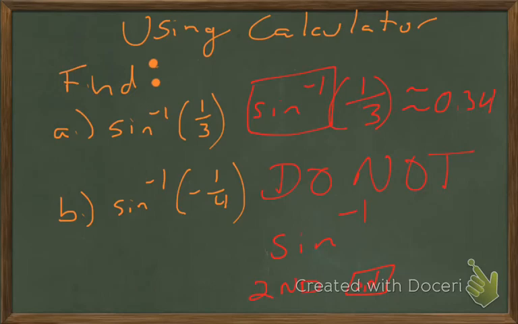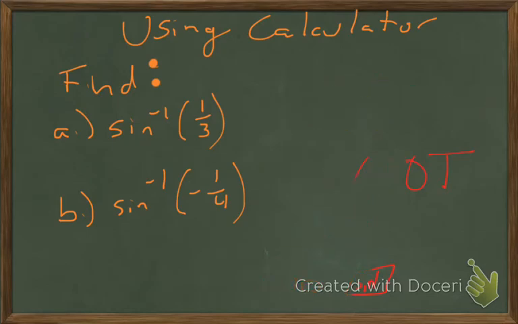So we have done this for sine inverse of 1/3. What I want you to do is do letter B all by yourself, and go ahead and do it in your calculator. Pause the video, do it, then come back. We'll walk through it.